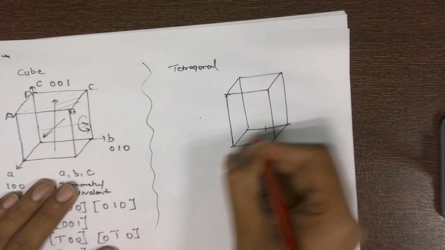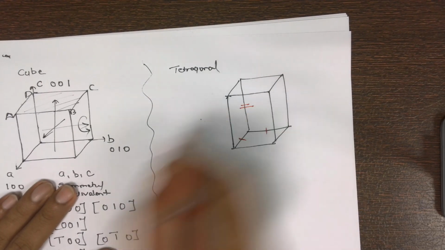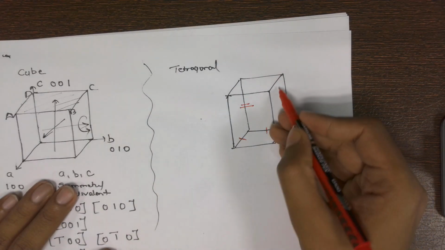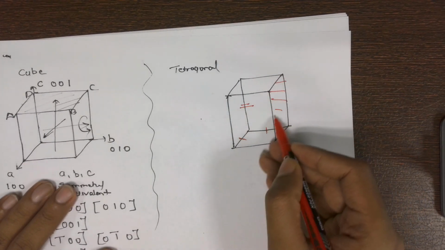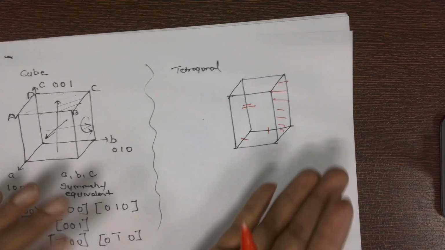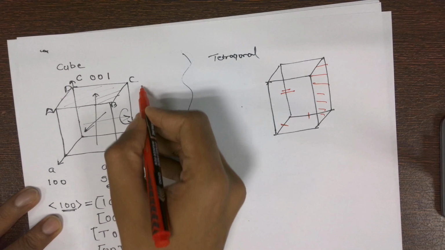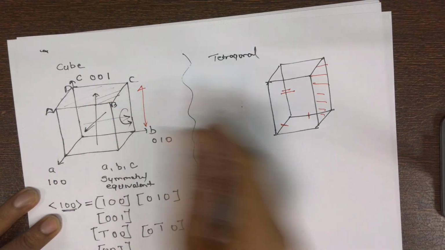Here we know that these are equal, but this differs. So along the C axis, along this particular axis, we can say that these particular faces are stretched. From the cube, if I stretch along this particular direction, what I will get is this.